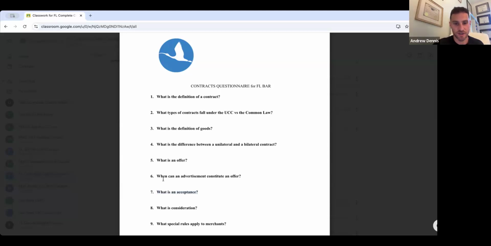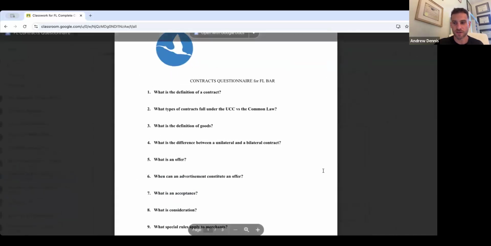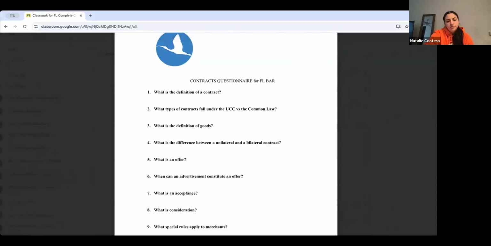An advertisement can constitute an offer if it's very detailed in terms of how to accept, when, where, how much, right? If it's very detailed in manner, then an advertisement could constitute an offer. What is an advertisement usually? An invitation to bargain.